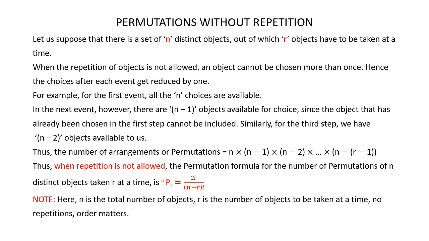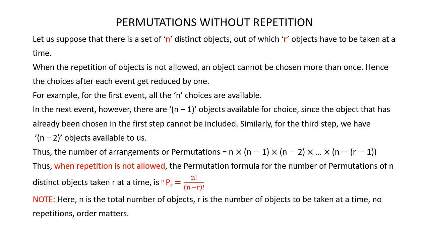Thus, when repetition is not allowed, the permutation formula for the number of permutations of n distinct objects taken r at a time is nPr, which is equal to n factorial divided by n minus r factorial.